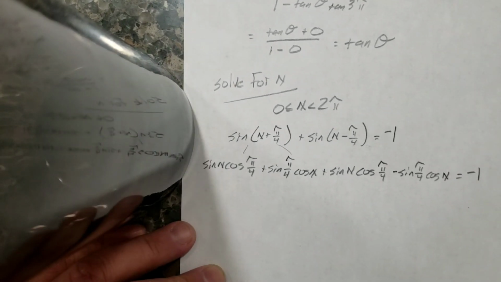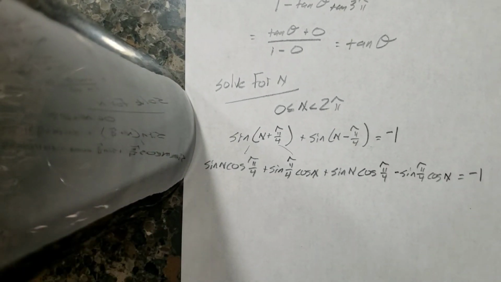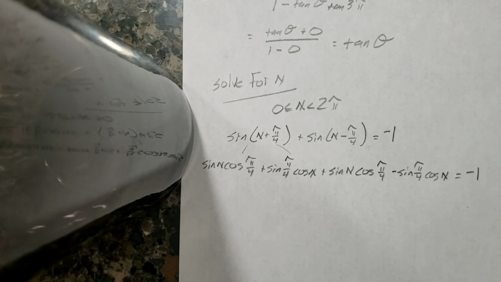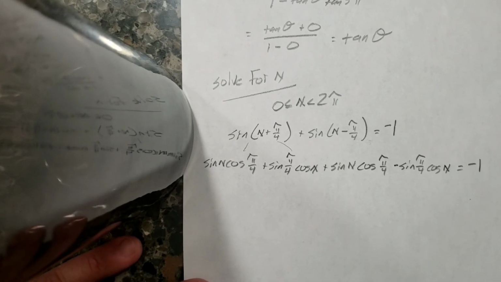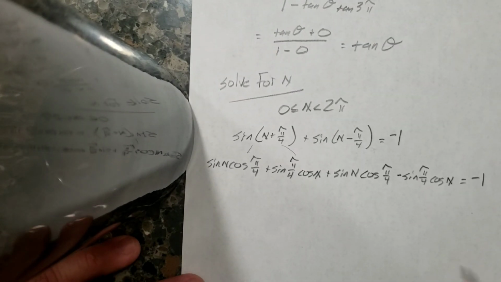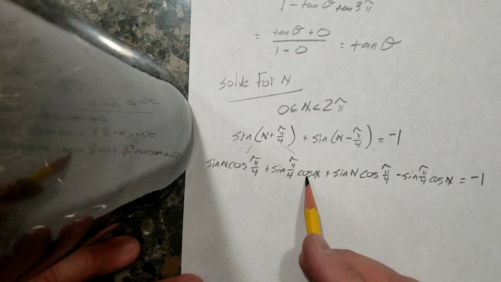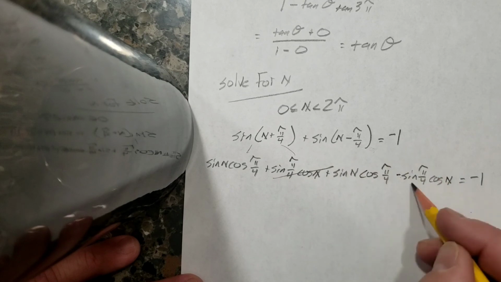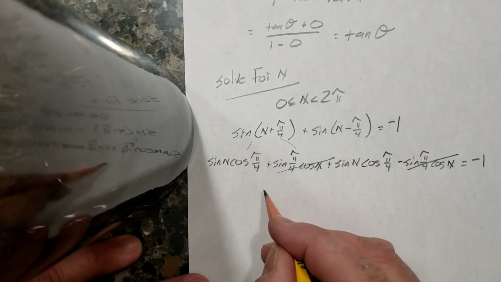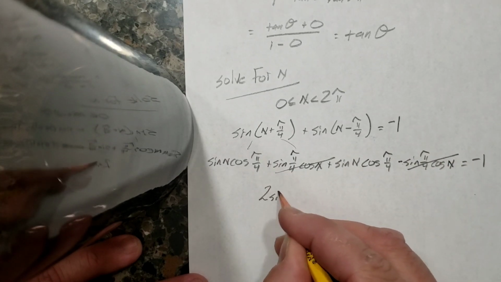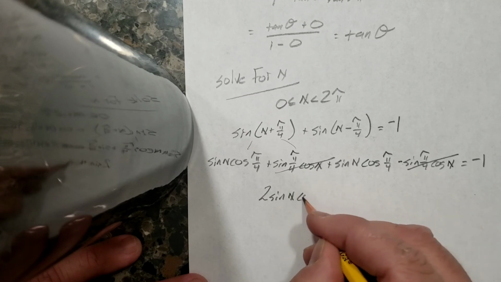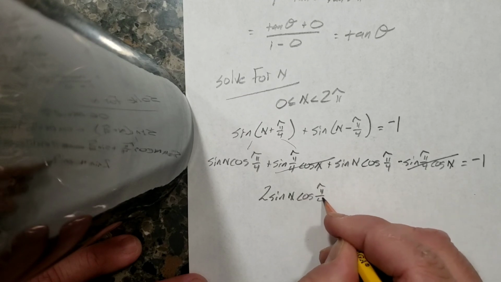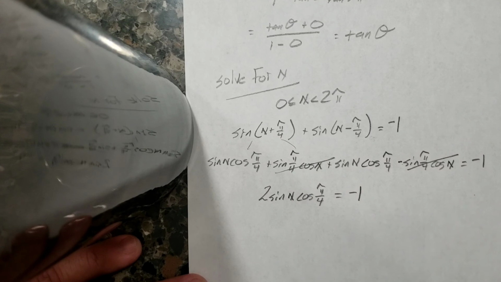Running out of space here. All right, now, as complicated as this looks, it actually breaks down easily. You've got plus sine pi over 4 cosine x minus sine pi over 4 cosine x. So you can cross those out, and then you've got 2 sine x cosine pi over 4 equals -1.